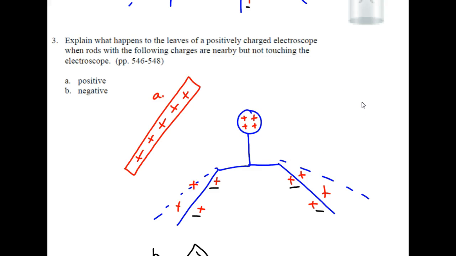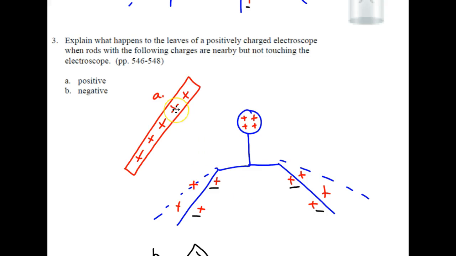All right, so here we have a positively charged electroscope, positively charged meaning we would show no electrons at all in the leaves. Your initial diagram would start out with 4 positive charges in the knob and 2 positive charges in each leaf, and that's it.